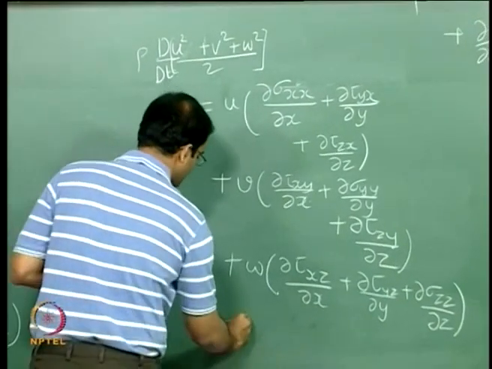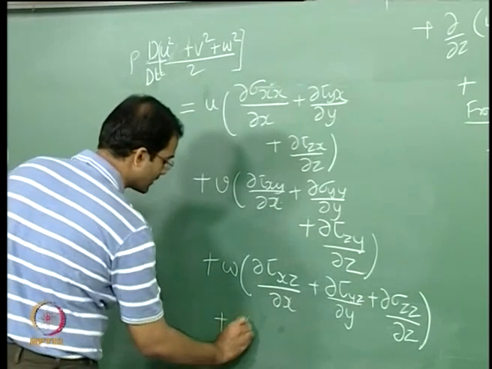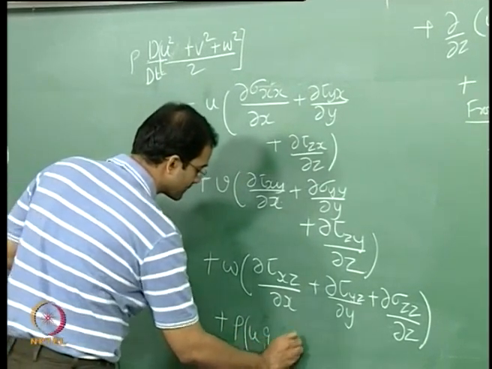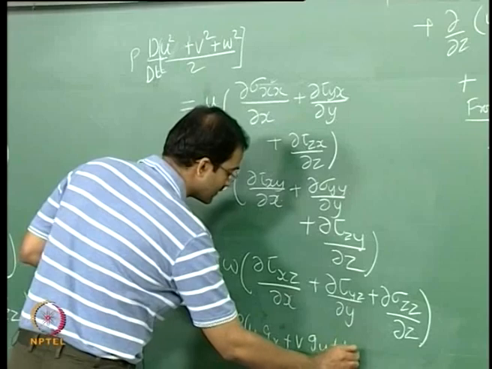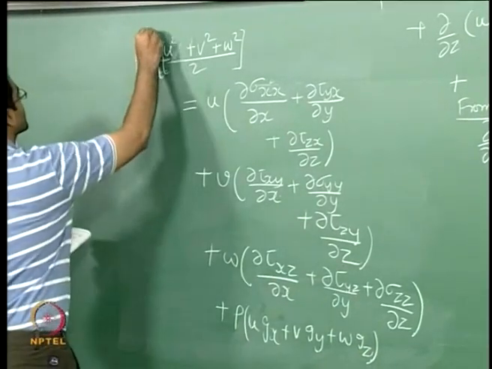Plus, if you multiply your body force terms also, you have rho into u g x plus v g y plus w g z. So this equation is called the mechanical energy equation.